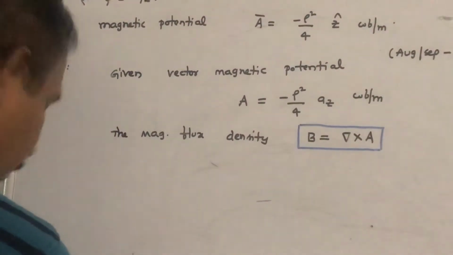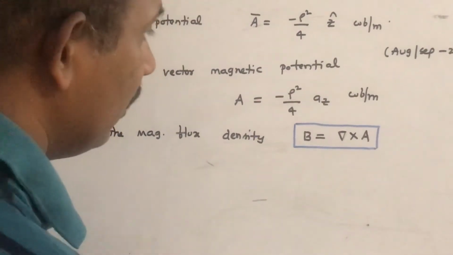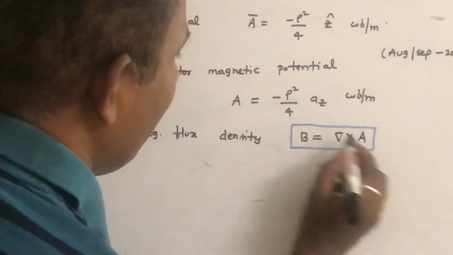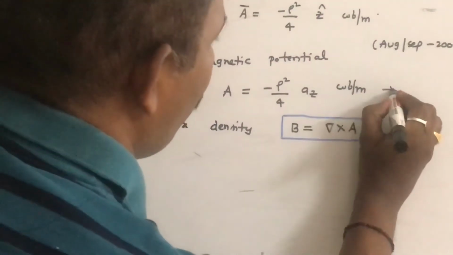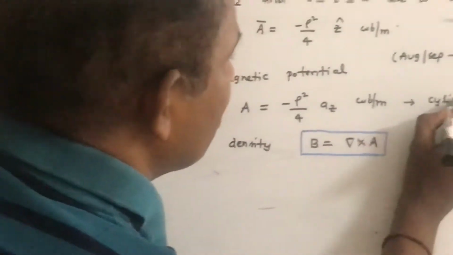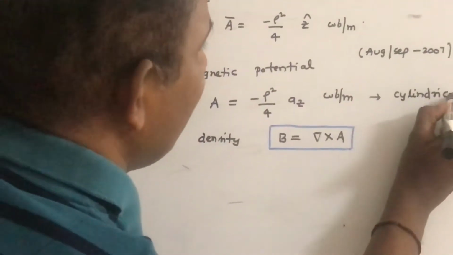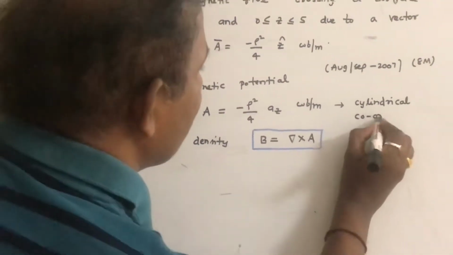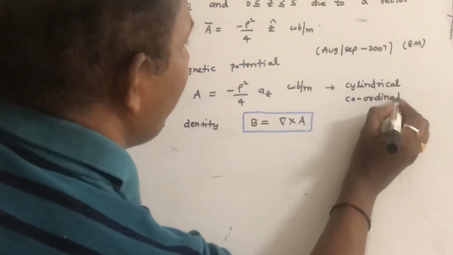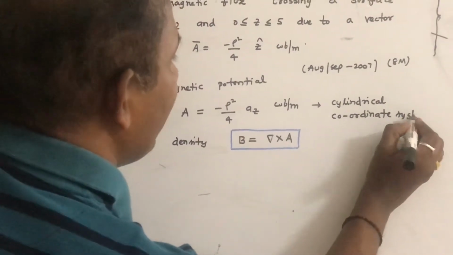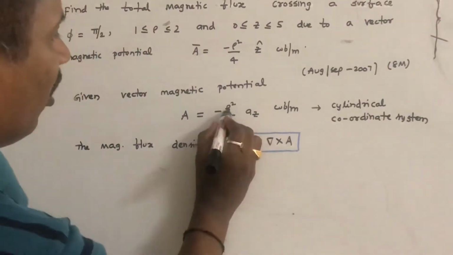Here we have to write the cross product of del and A, because A is given in which coordinate system? Cylindrical coordinate system. Identify that it is given in cylindrical coordinates, because rho is there.